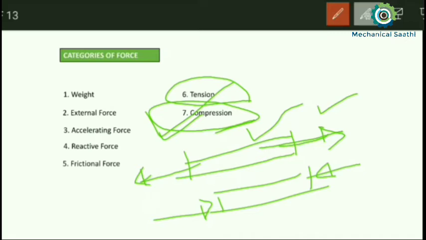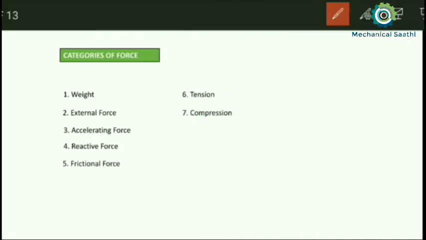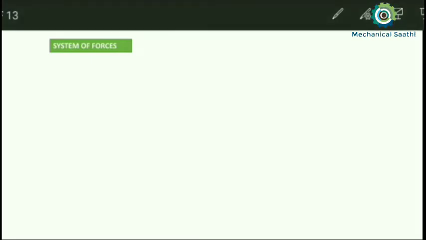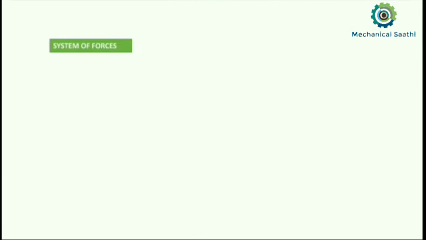Now let us move forward and discuss the system of forces. There are different types of systems of forces. Already I have given some hint about it, like concurrent forces, in the previous classes. Let us discuss more about it.